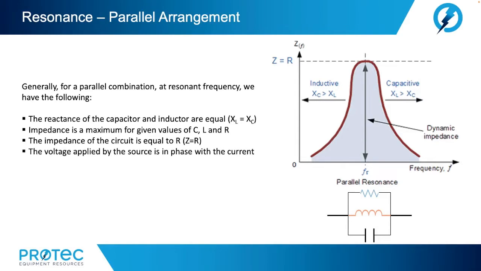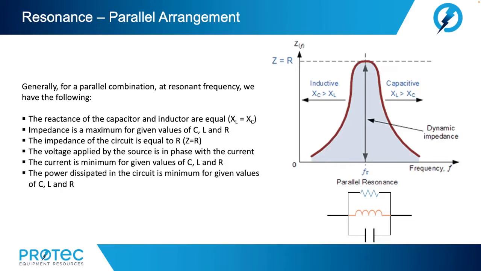The voltage applied by the source is in phase with the current. The current is maximum for given values of capacitance, inductance, and resistance. The power dissipated in the circuit is minimum for given values of capacitance, inductance, and resistance.